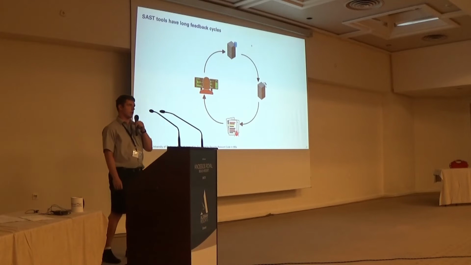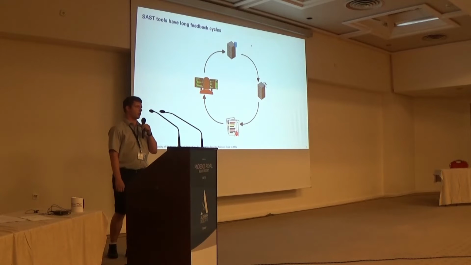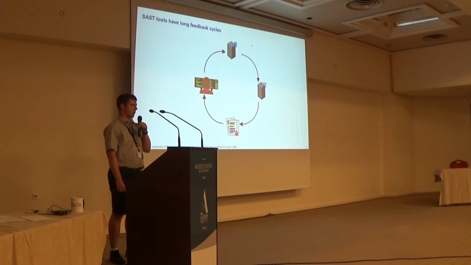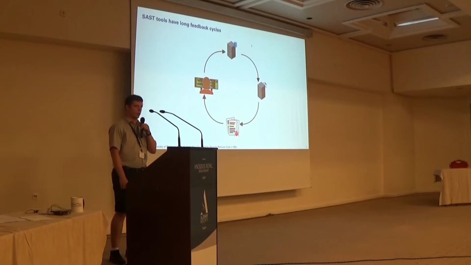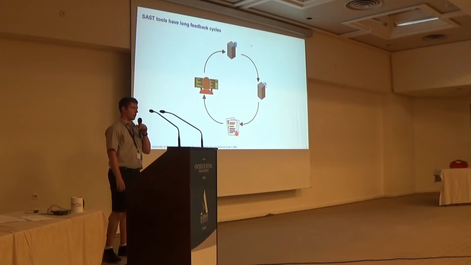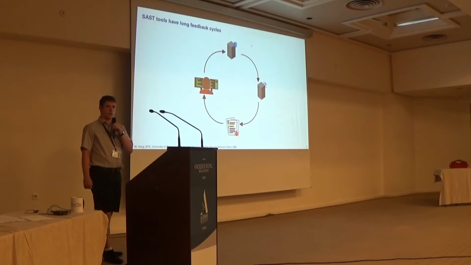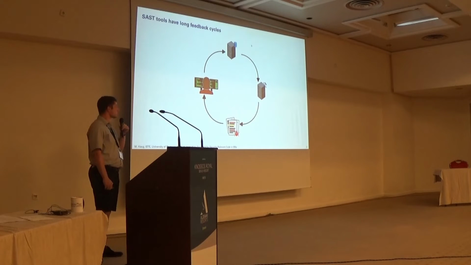The first one being very long feedback cycles. In application security, we want to make sure that no problem escapes us, so we don't want any false negatives. Therefore, we spend a lot of time on analysis and perform very thorough and detailed analysis. This means that the tools are oftentimes not feasible to run on developer machines.